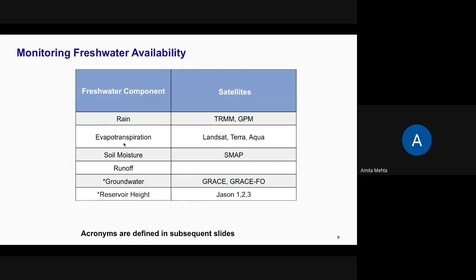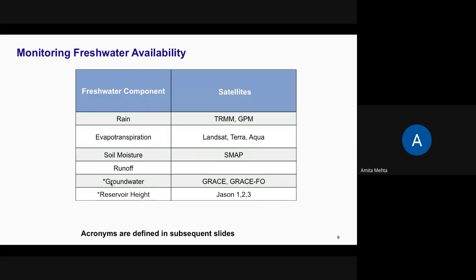The second freshwater component is evapotranspiration, just as important, and that can be derived from three satellites: Landsat, Terra, and Aqua. For soil moisture, there is the not-so-old SMAP, Soil Moisture Active Passive, launched in 2015.